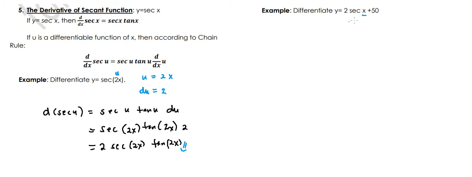So, automatically, we can use our formula, the derivative of secant x is equal to secant x tangent x.